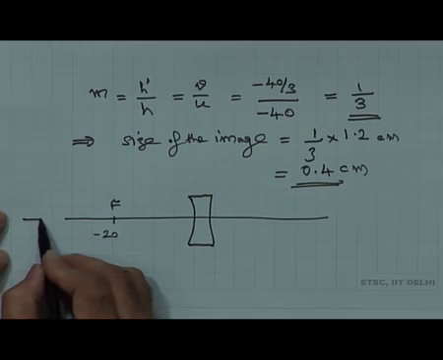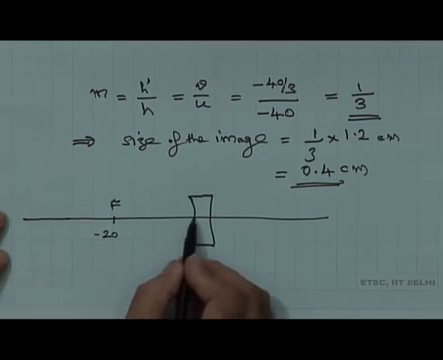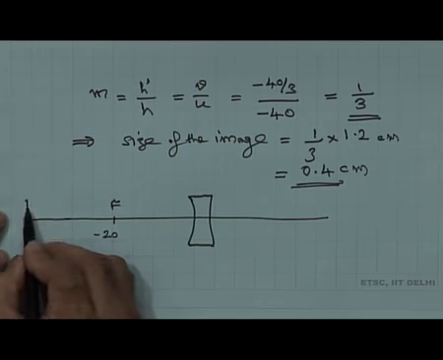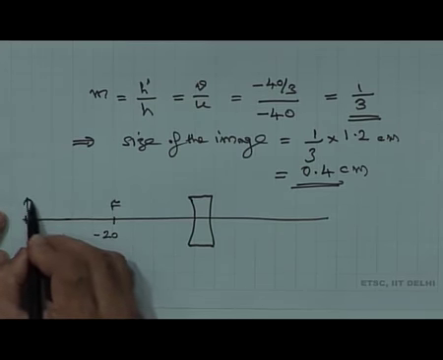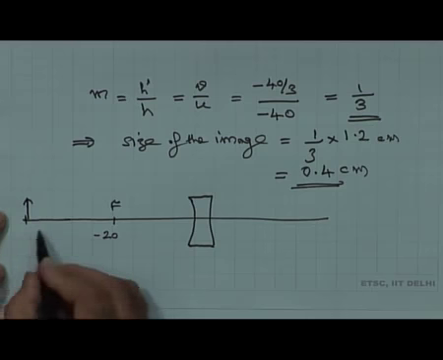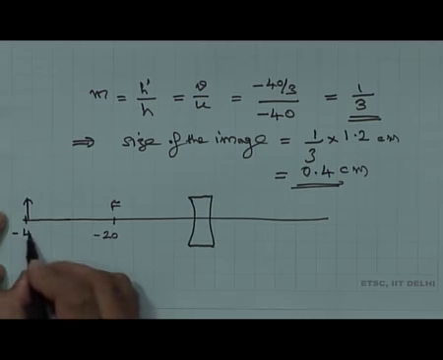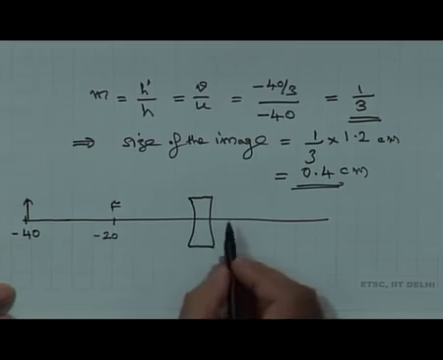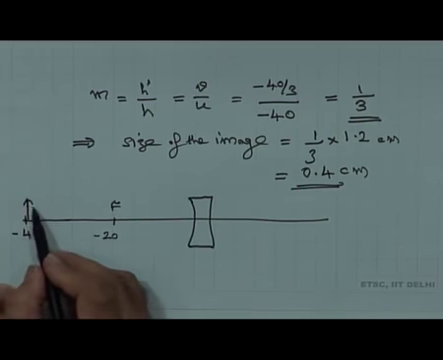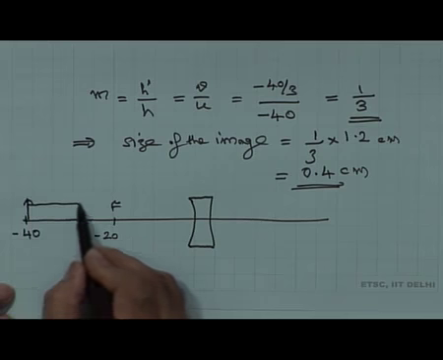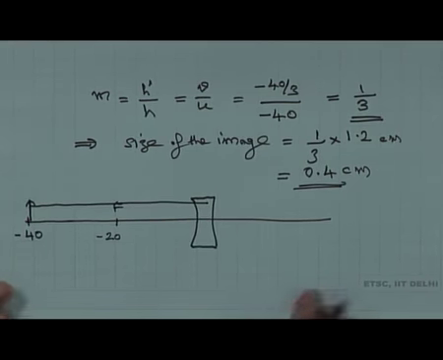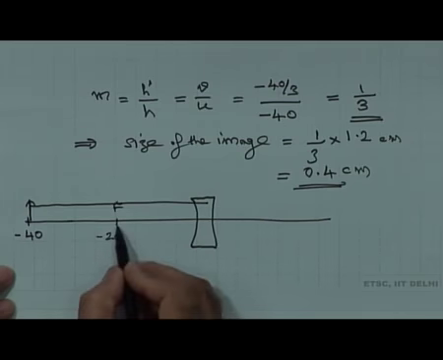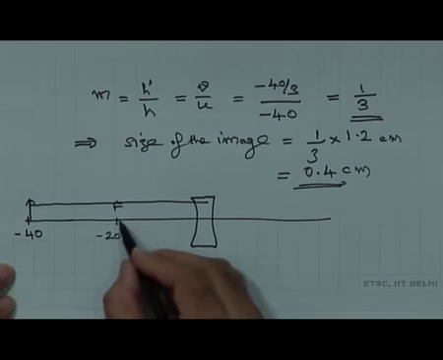and the object is at minus 40, double the distance. So O, the object, is here. This is minus 40, the object, and this is the focus. Let me show a parallel ray here, which will appear to go from the focus, because the focus is minus 20.